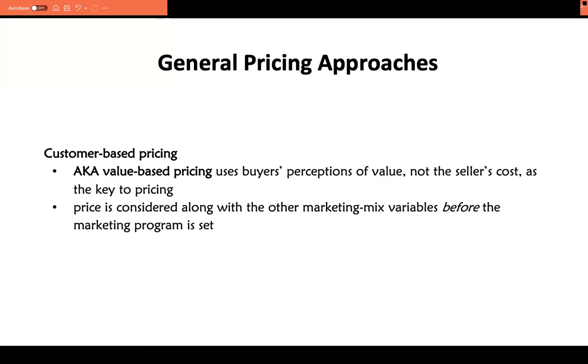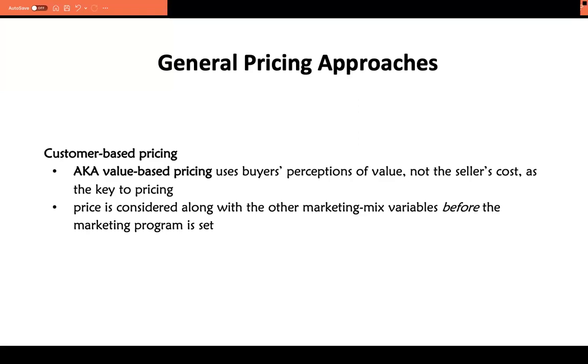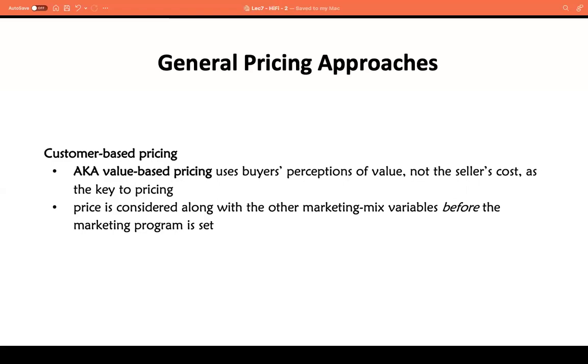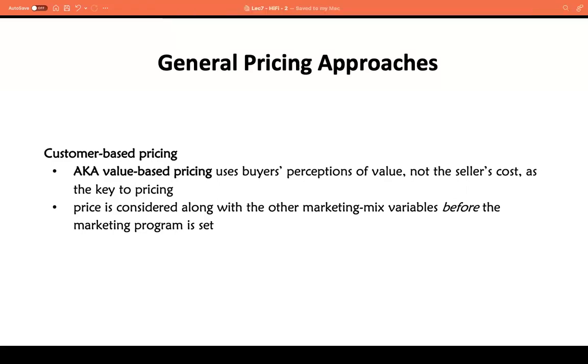So regarding the customer segmentation, this identifies the customer segments and their distinct preferences and needs. Okay, so based on this, you can set differentiated prices based on the perceived value of each customer segment.